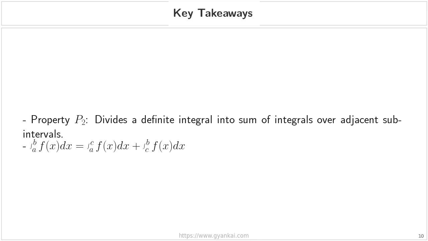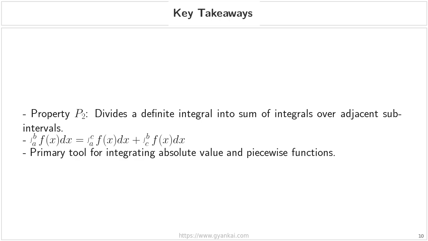Specifically, the integral from a to b of f of x dx is equal to the integral from a to c of f of x dx, plus the integral from c to b of f of x dx. Think of c as a point within the interval from a to b, allowing us to split the integration.